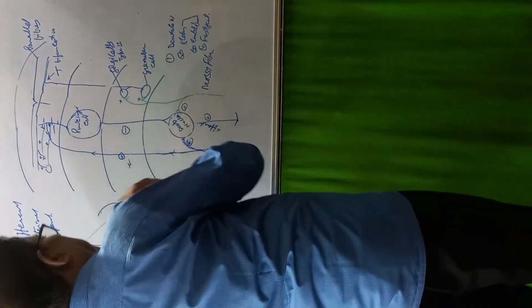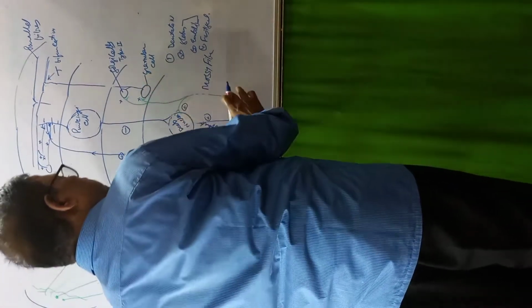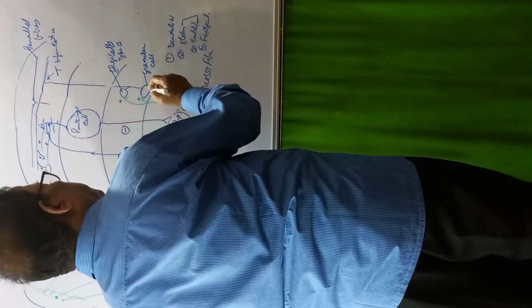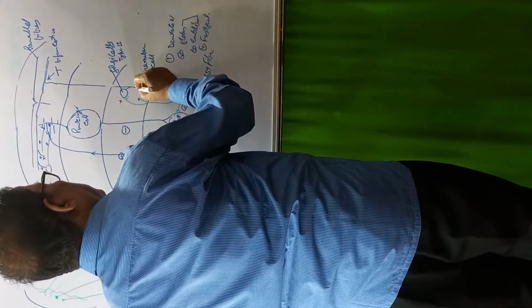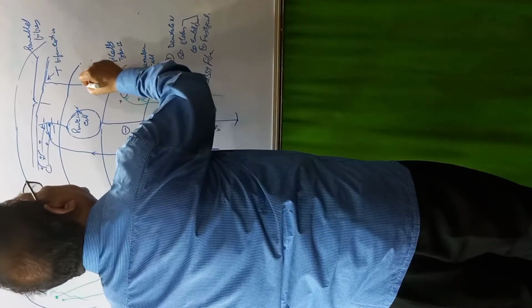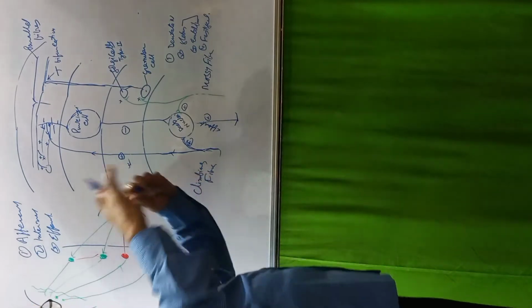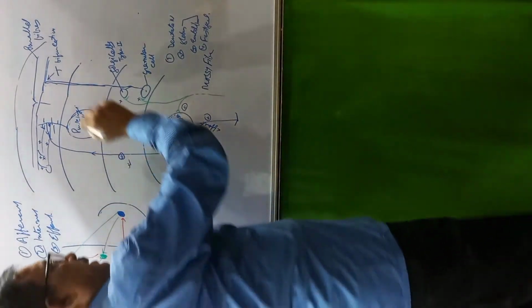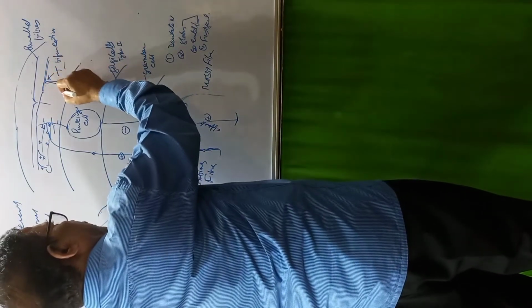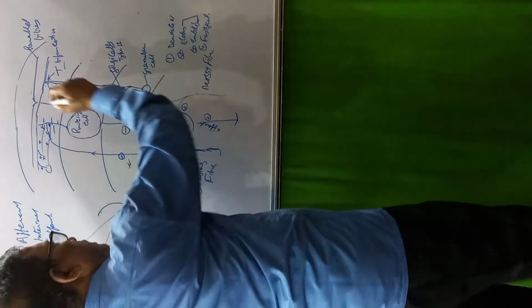Now, internal connections. The granular cell is stimulated by mossy fibers. From the granular cell, its fiber goes directly to the molecular layer. In the molecular layer, it divides into two, a T bifurcation, going here and bifurcating like a T. These fibers are known as parallel fibers.